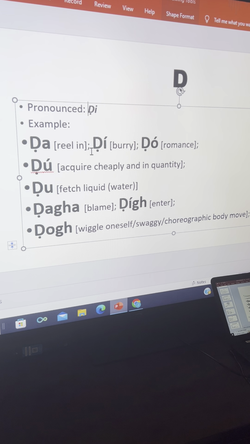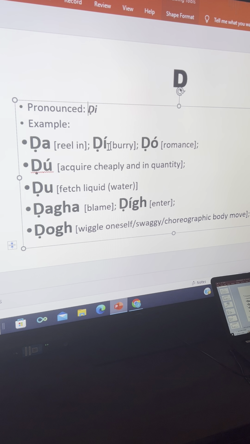Okay? Look at another example. D, E. Remember, the I is tone mark here, different from this. This is D. This is D. Okay? D is to bury. Also, D is also scrotal hernia, you know, and that is a sickness or a disease. So we are familiar with D is to bury.